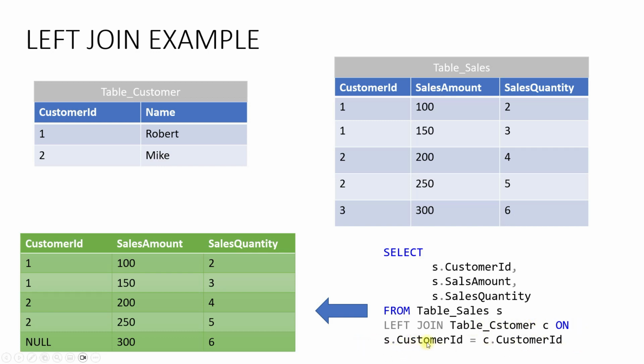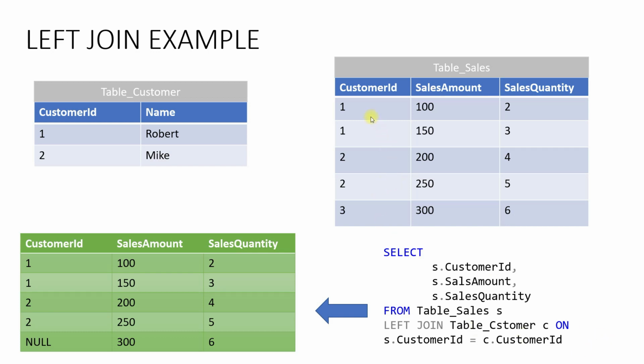The customer ID field from the sales table is going to be equal to the customer ID field from the customer table. And since we said that we want a left join, we want everything from the table sales regardless of whether there's a match or not in the lookup table, in this case table customer.